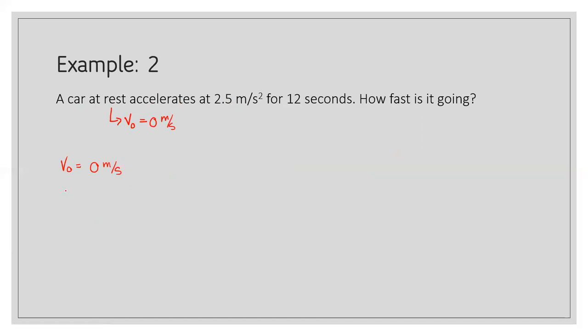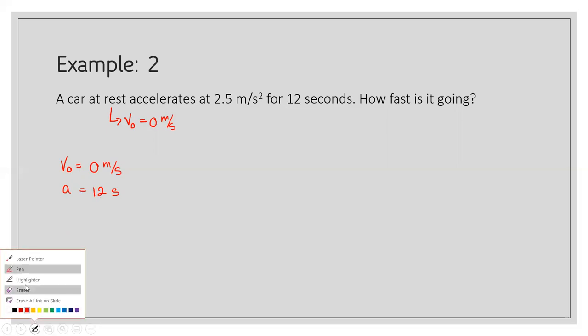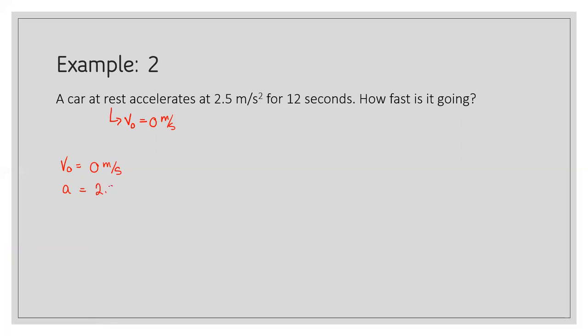How fast is it going? So we have initial velocity, we have a time of 12, an acceleration of 2.5, apologies. Acceleration of 2.5 meters per second squared and a time of 12 seconds.